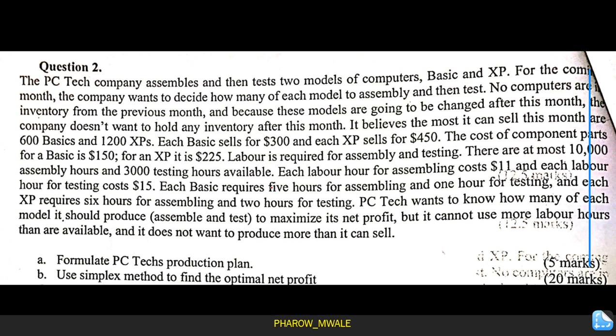We need to find the number of hours so that we don't exceed 10,000 hours. If we are going to produce both basic and XPs, we only have so many hours, and the total number of hours we have for assembling both basic and XPs is 10,000 hours.